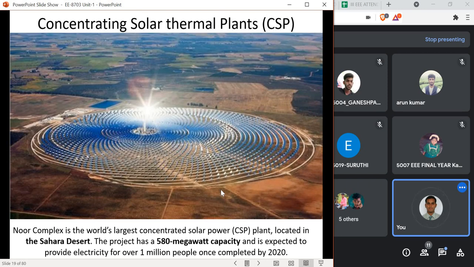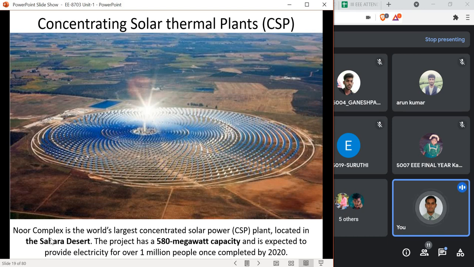And this is one more example of utilizing a large area, for a concentrating solar thermal power plant. It converts heat energy into electrical energy. Where is it located?